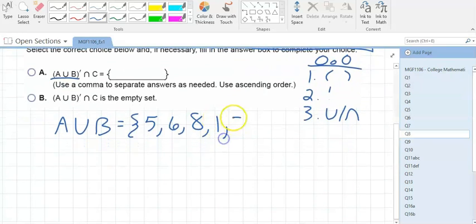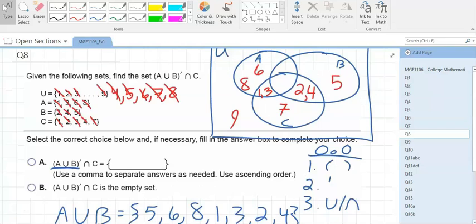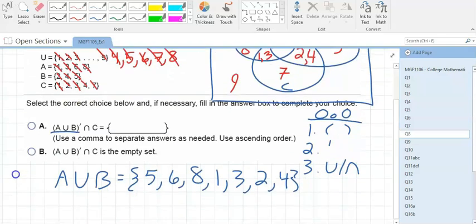So we also have 1, 3, 2, and 4. Those are all the numbers that are in the circles A and B. Yes, I know 1 and 3 and 2 and 4 are in C, but they are also in A and B, and that's what we want. We want everybody in A, everybody in B.